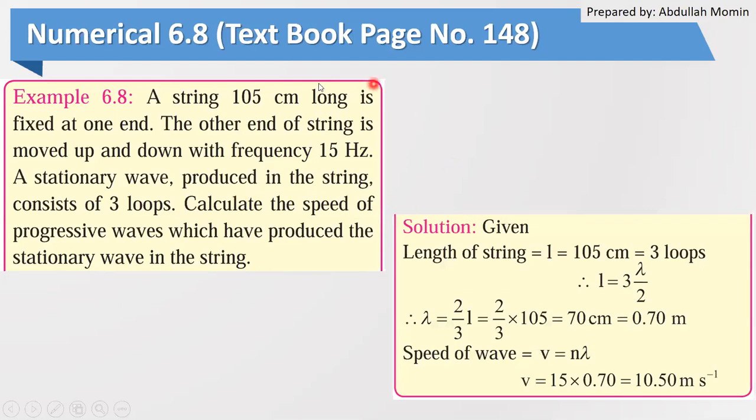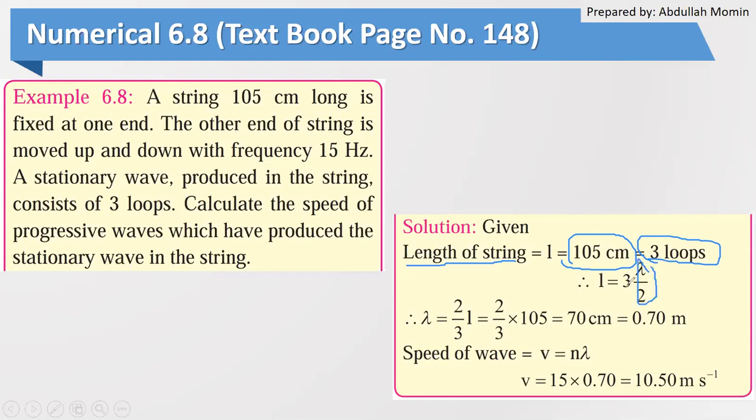So what is given here? The length of the string is 105 centimeter, with 3 loops. That means the length of one loop is lambda by 2.